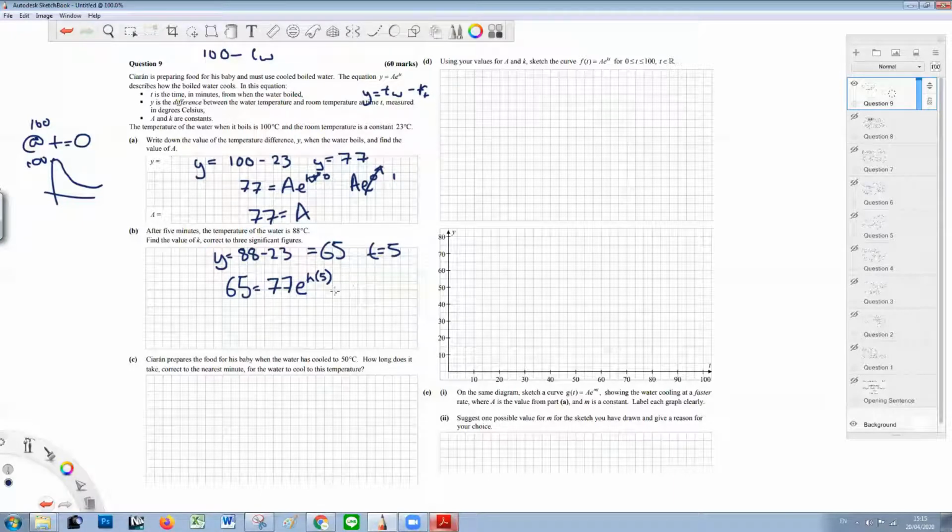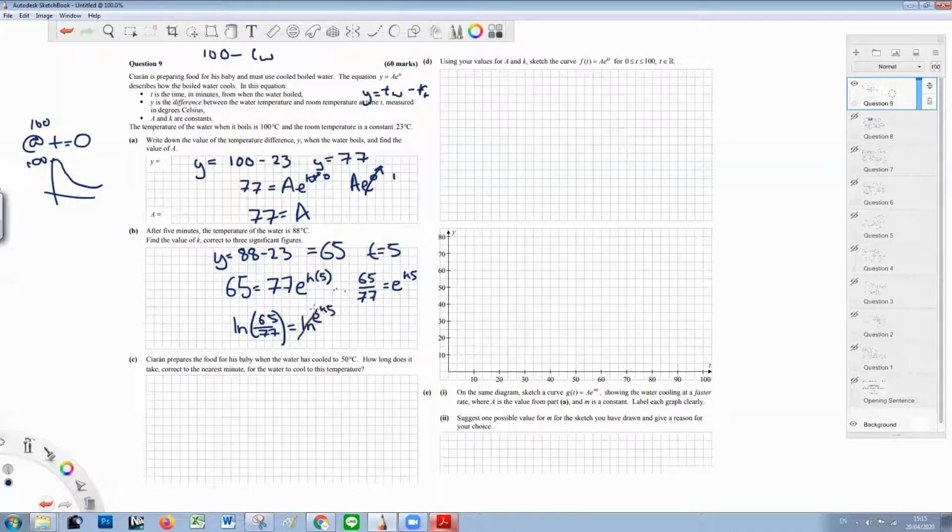First of all, we're going to divide 65 by 77, which is equal to e^(5k). So you're going to say ln of 65 over 77 is equal to ln of e^(5k).